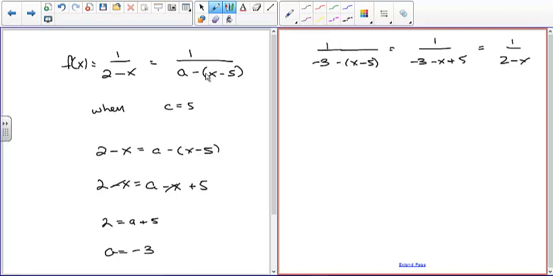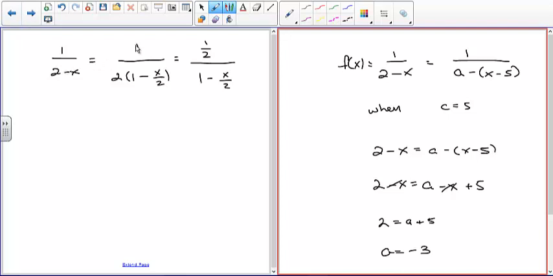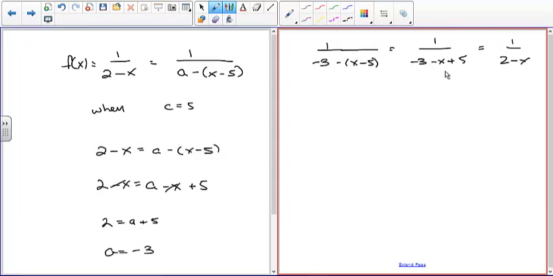Okay. Now I have to get it in the form like I was talking about earlier. It has to have a 1 here. So the way to get a 1 from this expression is I'm going to factor out a 3.